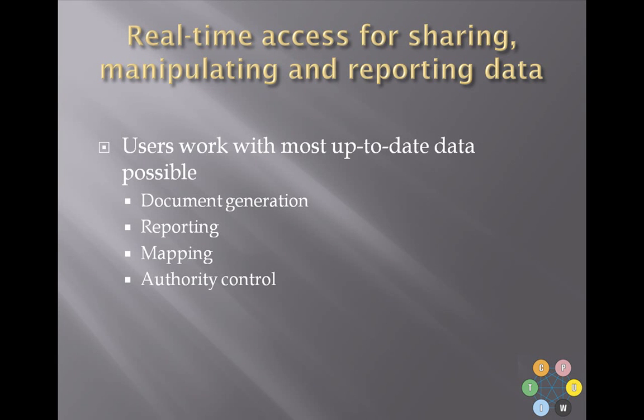And then authority control: this allows those who have the ability to control the authority of its users to make those changes, and those changes are immediate. So whether it's increasing authority, decreasing it, turning them off altogether, there's no delay.